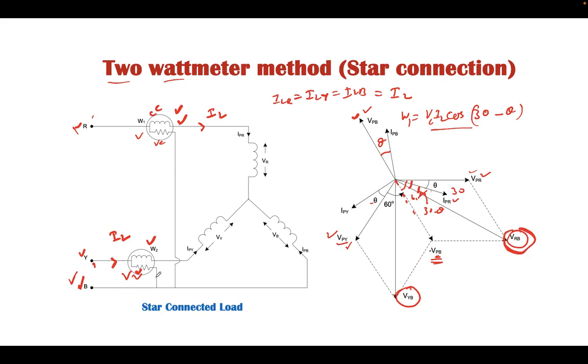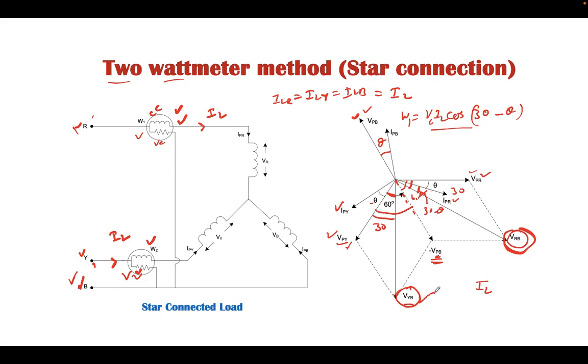Similarly for the second wattmeter, the current in the coil is IL. The potential across this coil is VYB, and this VYB is the potential of this. This total angle is 60 degree, this angle is 30 degree, this angle is theta, and hence this current was flowing in the current coil of the wattmeter.